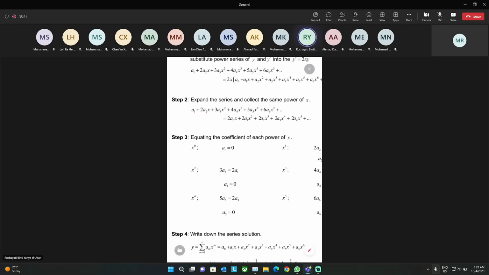So anything that does not attach to any variable, here x is the variable, a number or a letter without this variable, we call it a constant. So for x naught, a constant on your left hand side.